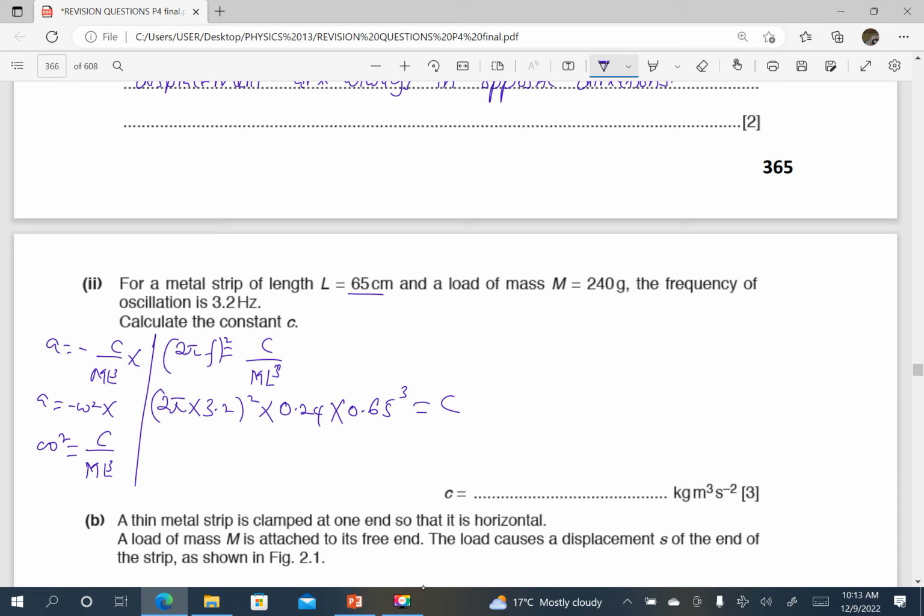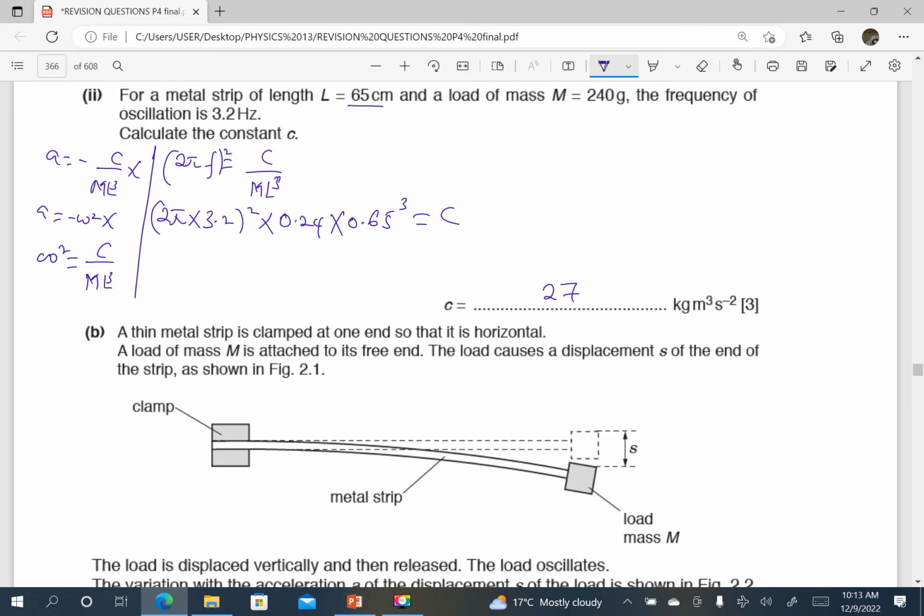From my calculator, C is 27. Since I changed all the quantities to their SI units, the unit is correct. So C is 27.